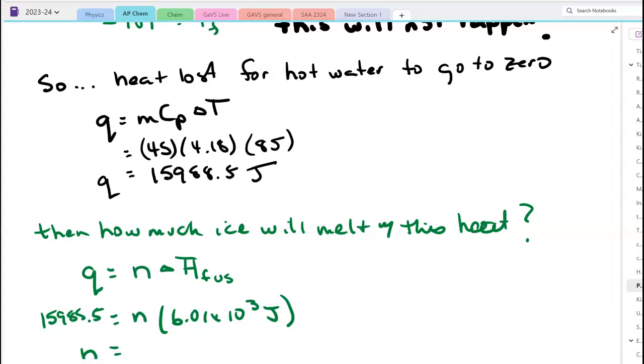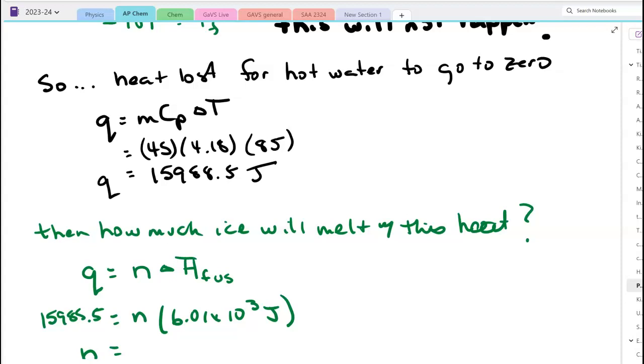So that's m, the mass of the hot water, C sub P for specific heat, and the change in temperature will be 85 to 0. Final 0 minus 85. And so we're going to have 15,000 or 16,000 joules of heat available to melt the ice cube.